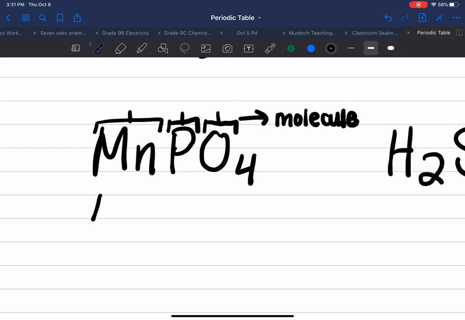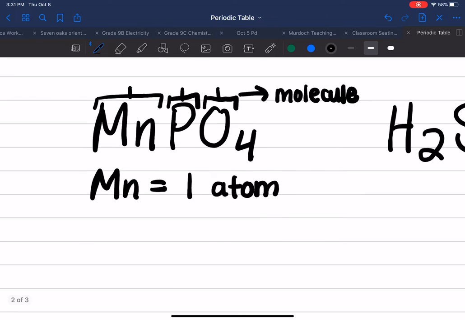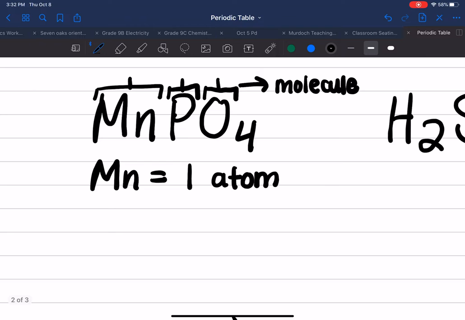So let's write down Mn. How many is there? Well, there's only one atom of Mn. And we can see that because it's just one. There is a little 1 here, but we don't usually write that down. P, how many atoms? Again, there is only one atom of phosphorus.